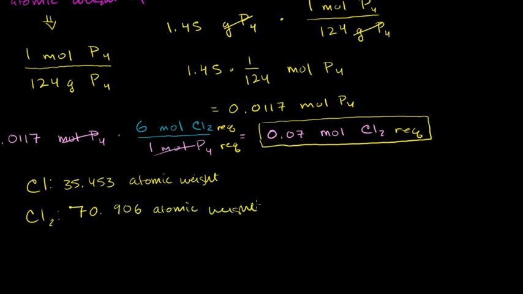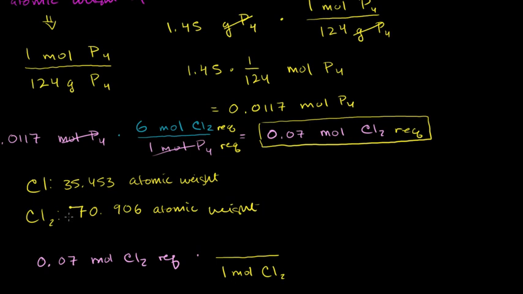Which tells us that, well, let me write this information that we had down before. We are required to have 0.07 moles of chlorine gas. That is what is required. And let's multiply it. We want moles in the denominator. So 1 mole of chlorine gas. For every mole, how much is that? What's the mass going to be?